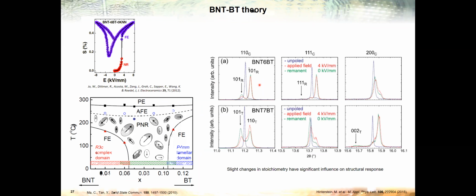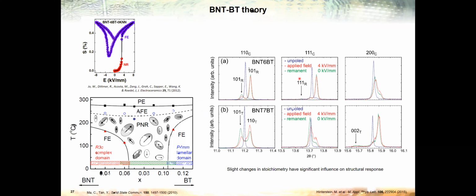When we look at the structure at the phase boundary at around 6%, when you apply an electric field, we see that we have the relaxor state, and when we apply the field, we have an irreversible transition to the ferroelectric phase. We investigated this with high resolution X-ray diffraction, and we saw that even though the materials are indistinguishable in the unpoled state, with field you have a strongly different response.